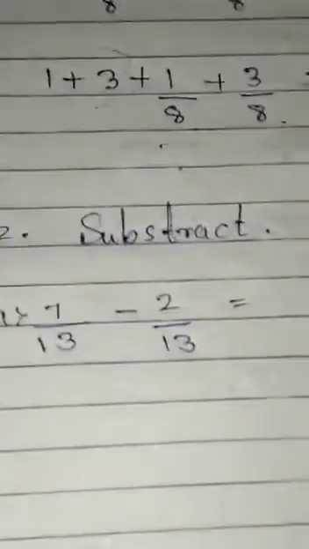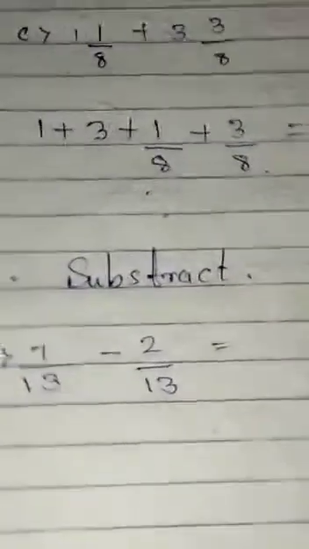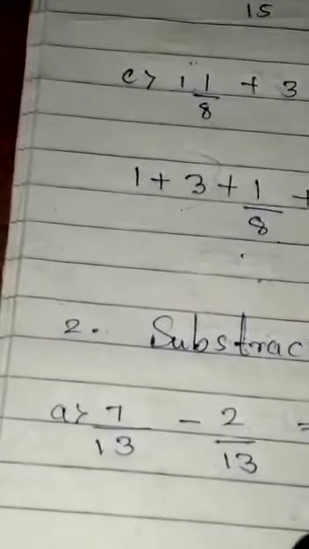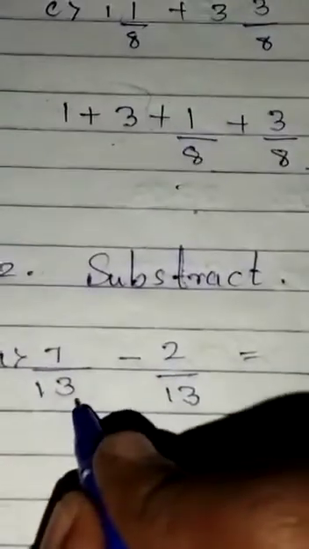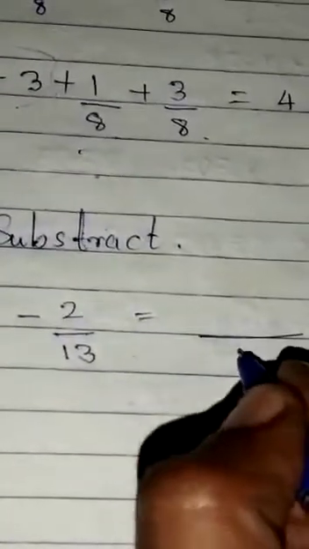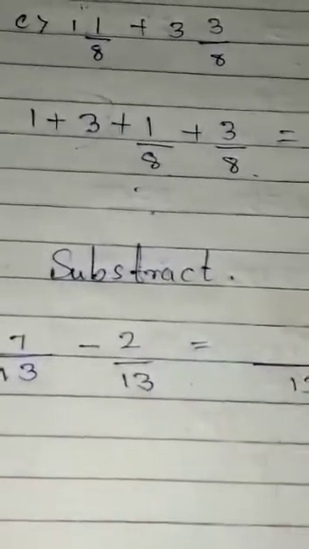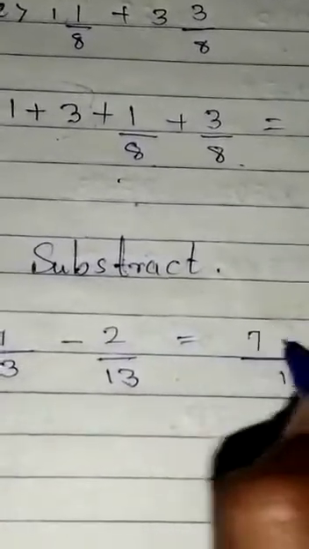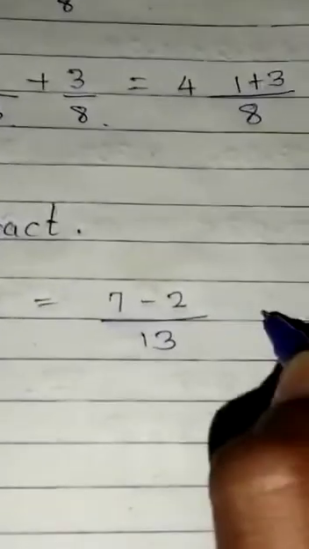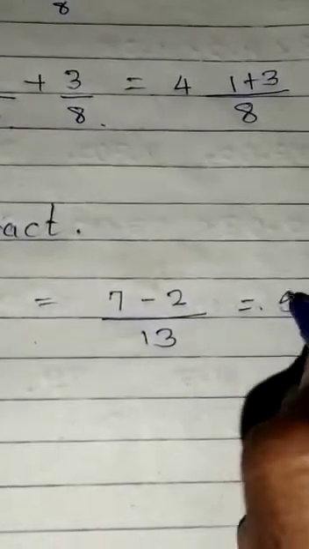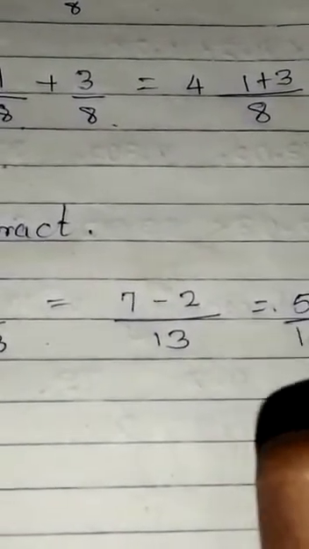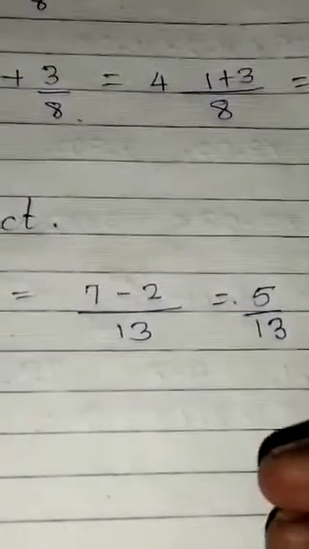In subtraction, we follow the same rules, but we subtract the numbers. Write the denominator the same and subtract the numerators. 7 minus 2 equals 5. 5 divided by 13.